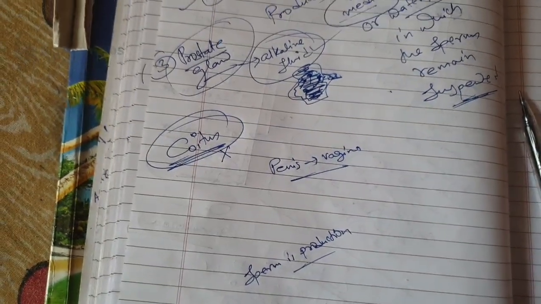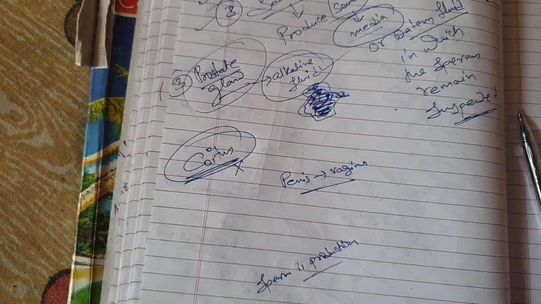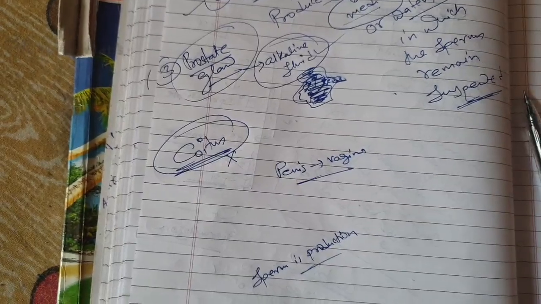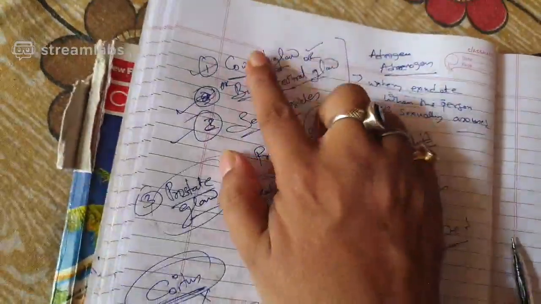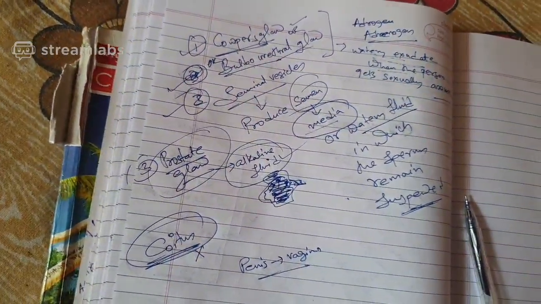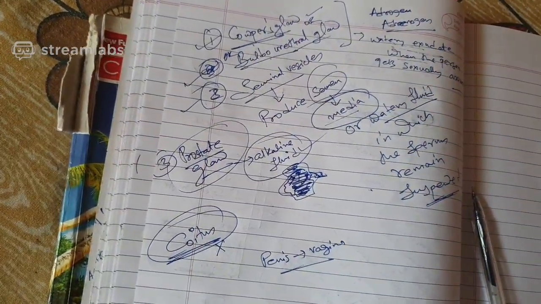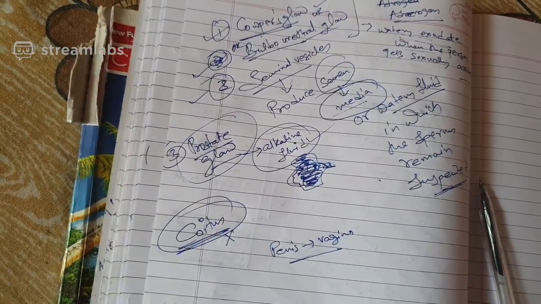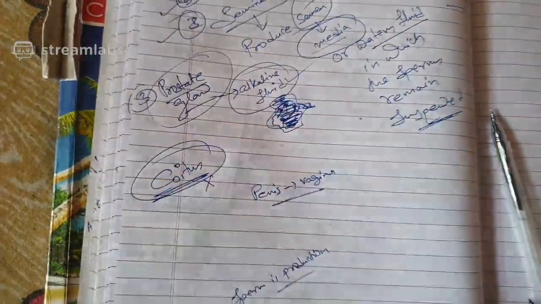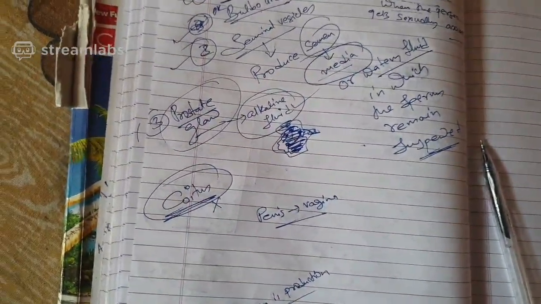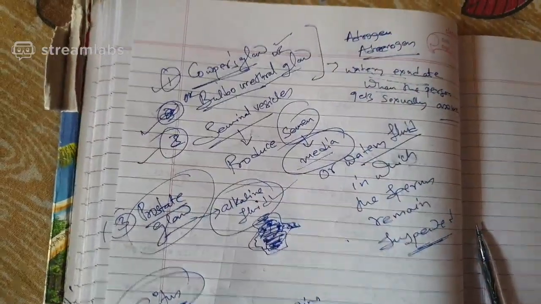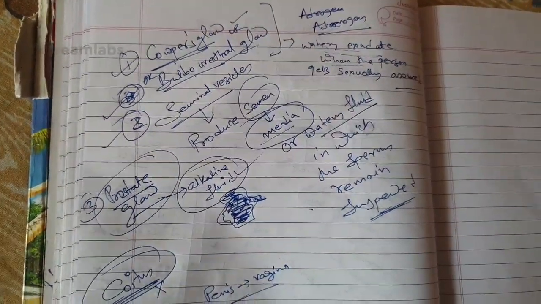When the sperm passes through, at that time all these three glands release their secretions, which are maintained by androgens. Ultimately what comes out is the semen. I hope that you have understood this. If you have not understood, please ask me. These are the things I wanted to tell you.